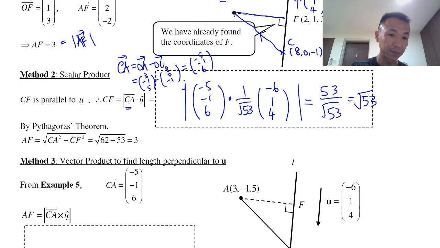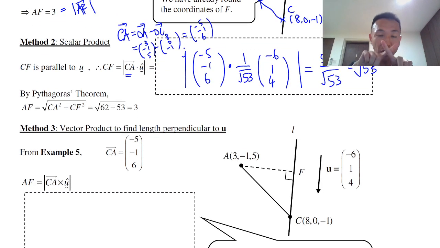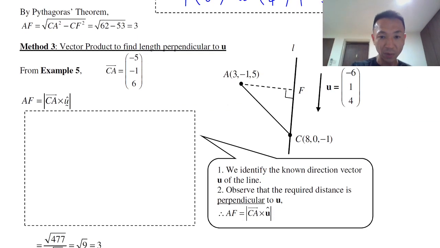Method 3. This is what I call cross product. Look at this diagram again. You must know your cross product and dot product very well. That diagram, remember the formula here?